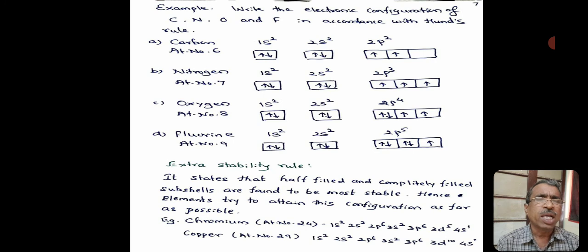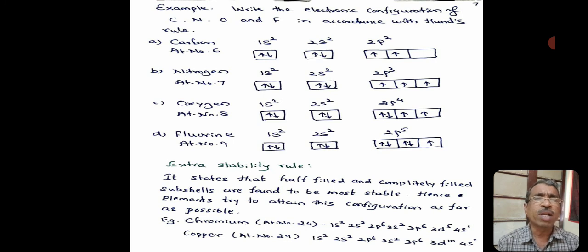But by taking one electron from 4s2, 3d also becomes half filled, and 4s also becomes half filled. So this leads to extra stability. Hence, chromium is more stable than the other elements.